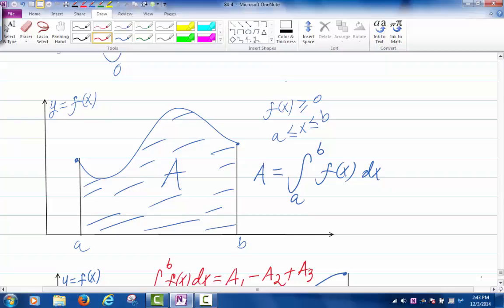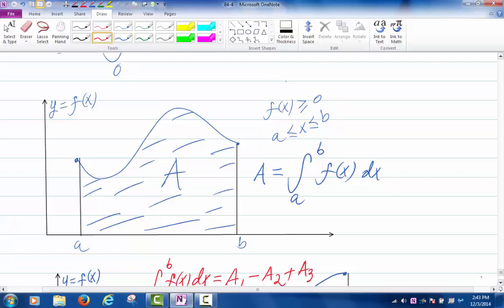Generally, suppose that I have a function f, which is a non-negative function between a and b. So then I can look at the region below the graph of f. Because f is non-negative, the graph is above the x-axis, right? So then I can talk about the region below the graph of f above the interval from a to b, right?